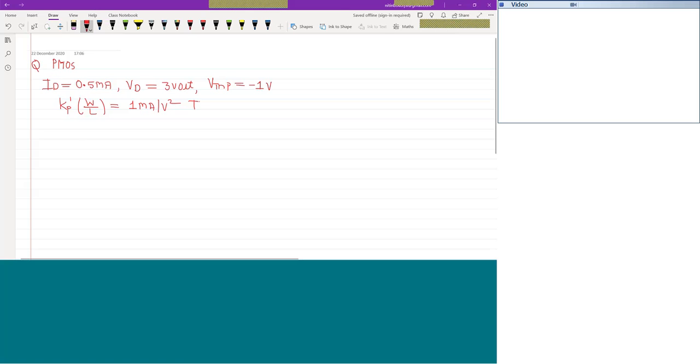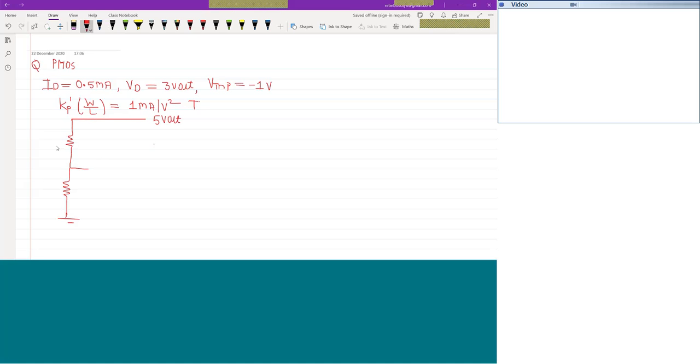The circuit is given. This is 5 volt. We are having two resistors.